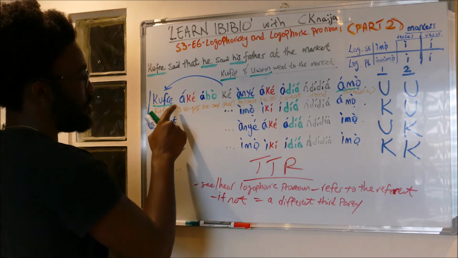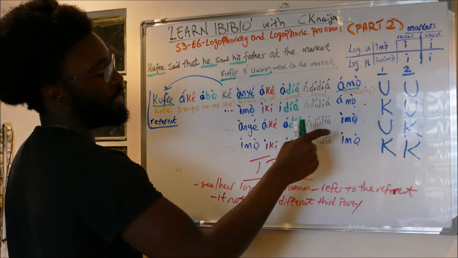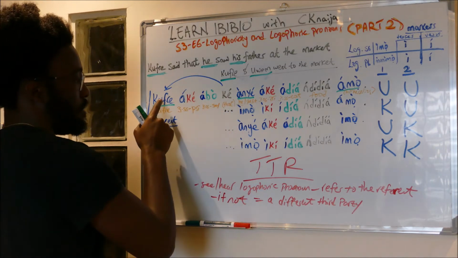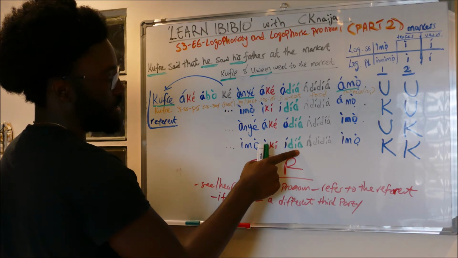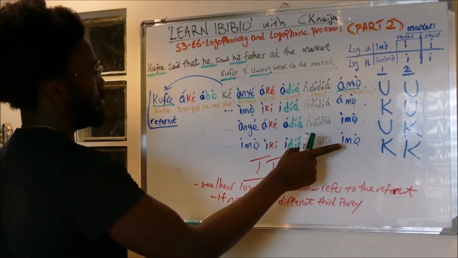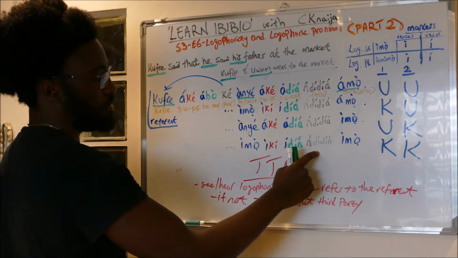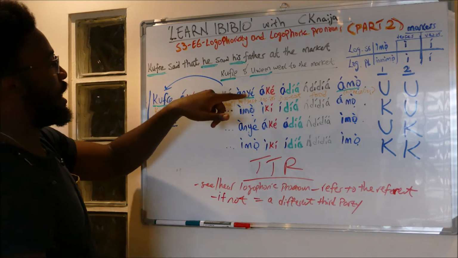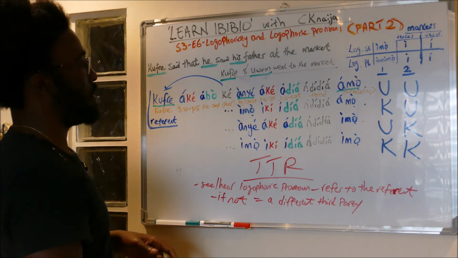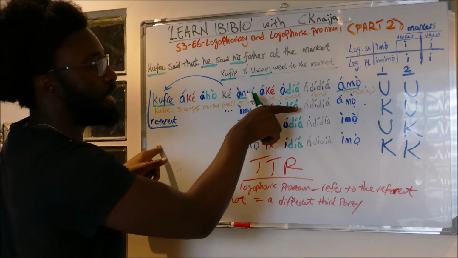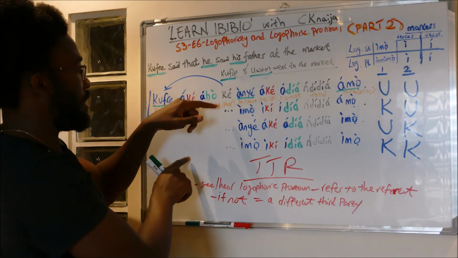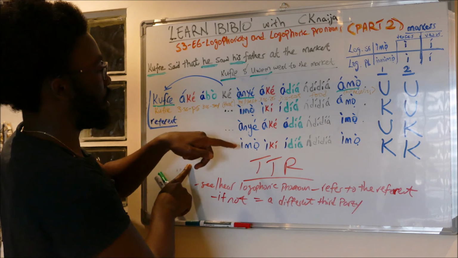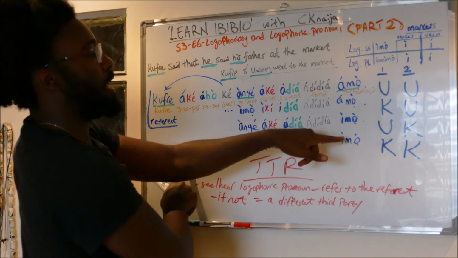Kufre was the one, refer back, that ate his own food. Okay, so a quick run through. Kufre keboke anyekidia ndidia imo. Kufre keboke imo ikidia ndidia imo.